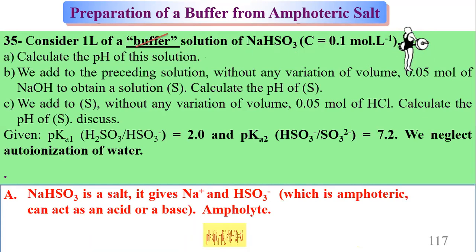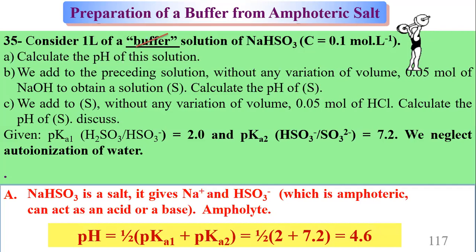Yes, the pH of an amphoteric substance is half of pKa1 plus pKa2, because this is a diacid. And of course, they do give you the two pKa values for the couples, and you simply substitute them in and you get 4.6.